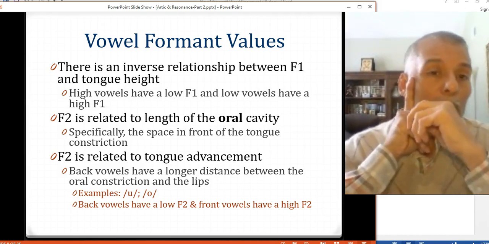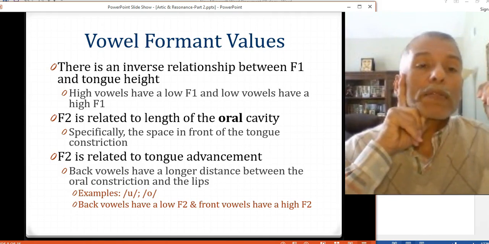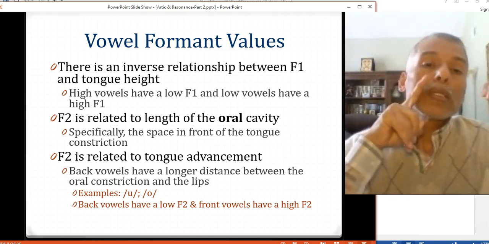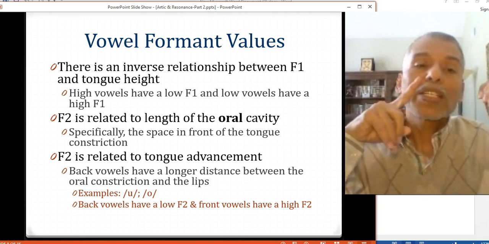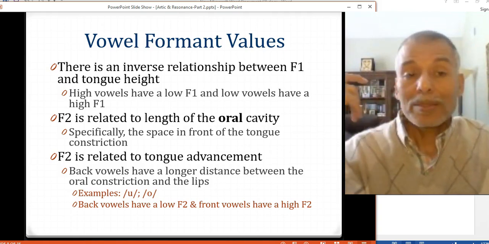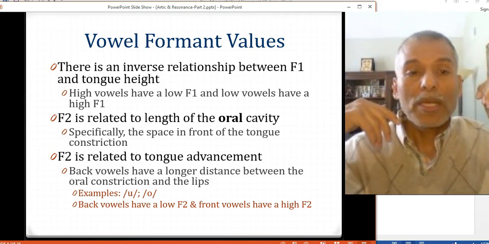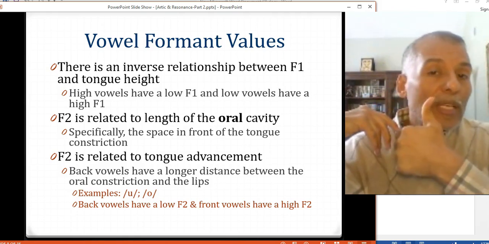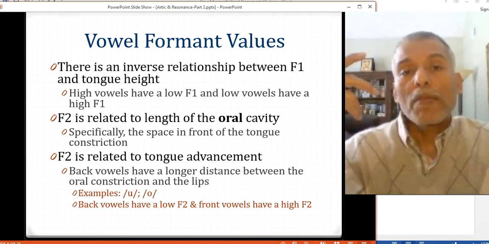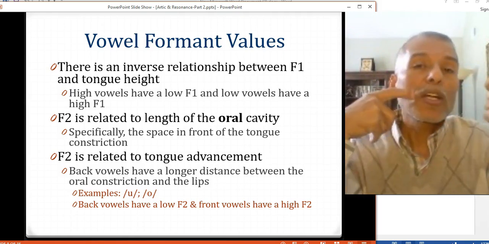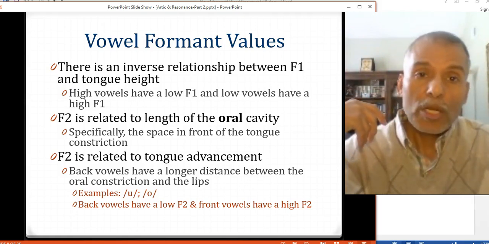When you think about F2, there is a constriction near the alveolar ridge, because many of the sounds that we make. In the space in front of that constriction, if it is smaller, we're going to have a higher pitch. If it is bigger, we're going to have a lower pitch.